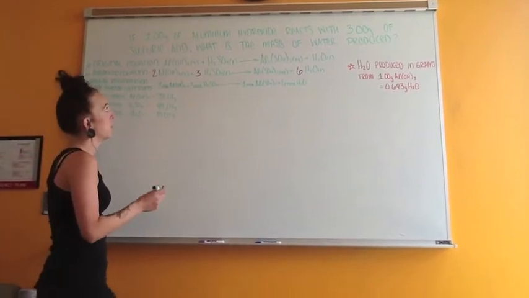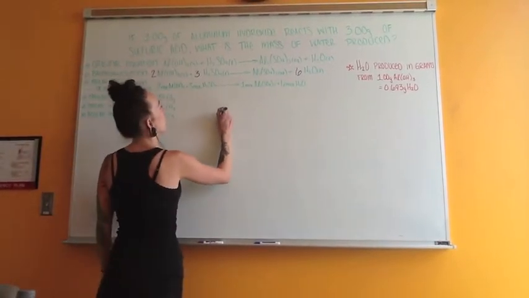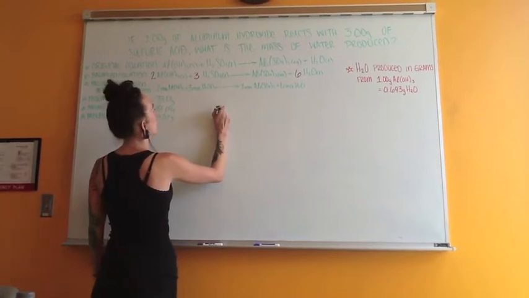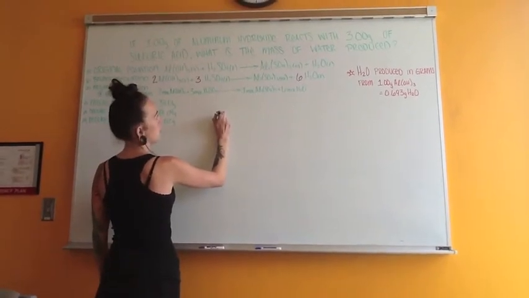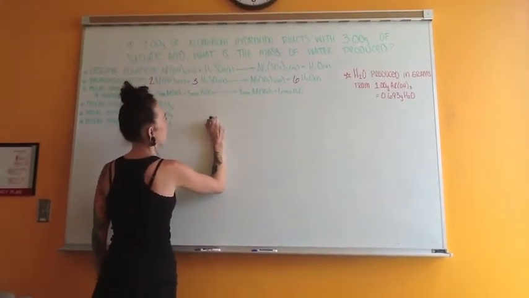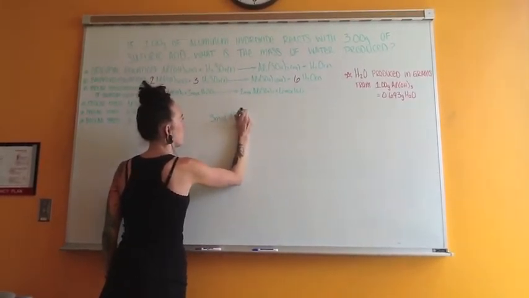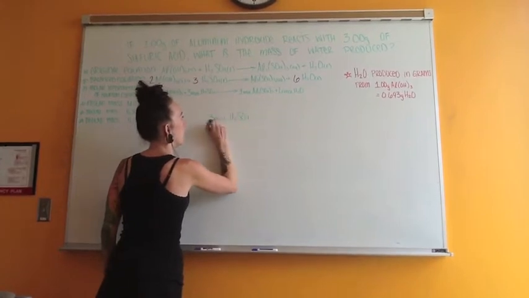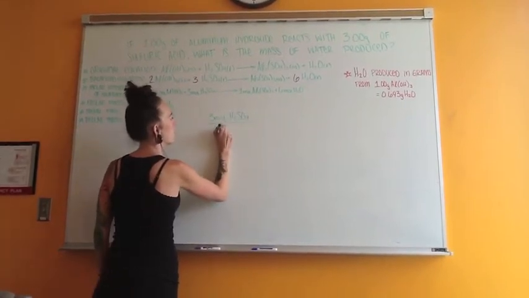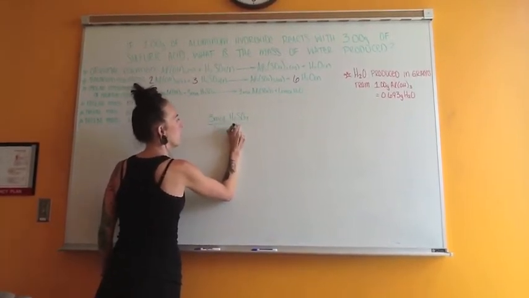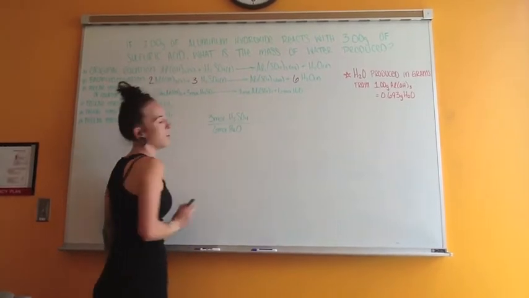So we'll find our unit factors of the ratio of sulfuric acid, which is 3 moles of the sulfuric acid, H2SO4, over 6 moles of water. And again, you're going to want to reduce this.